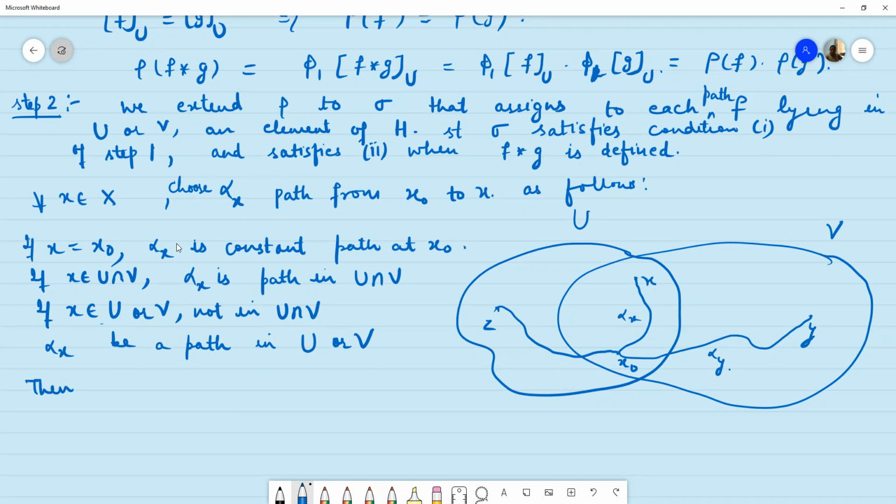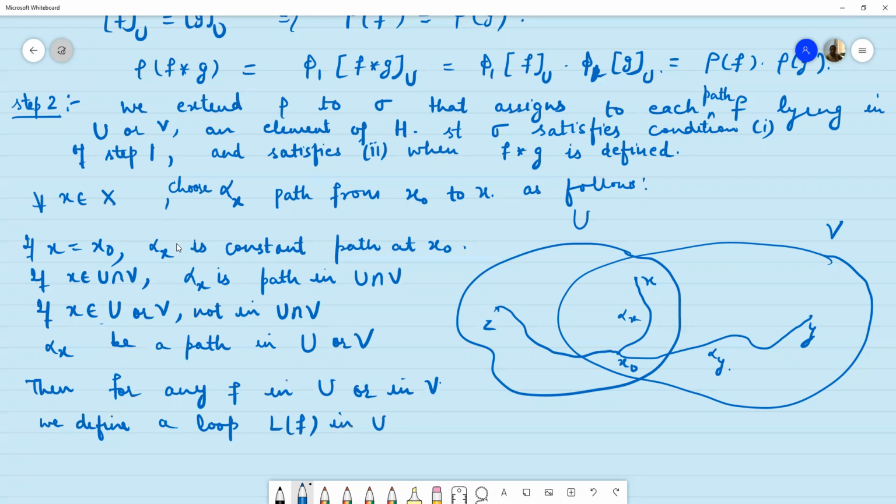Then for any path f in either U or in V, we define a loop, and the loop is given by L_f.